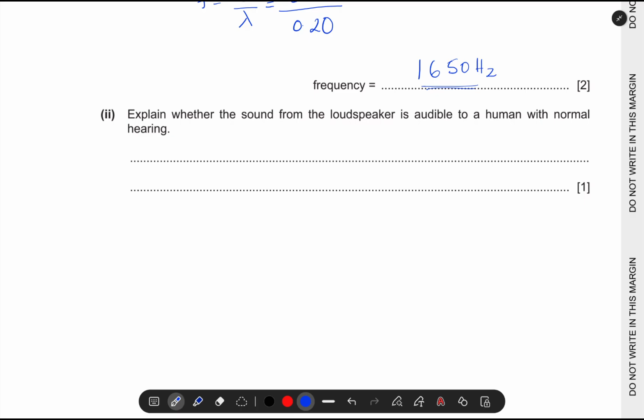Usually, a person can hear between 20 Hz and 20,000 Hz. Any frequency between this, a human is able to hear.